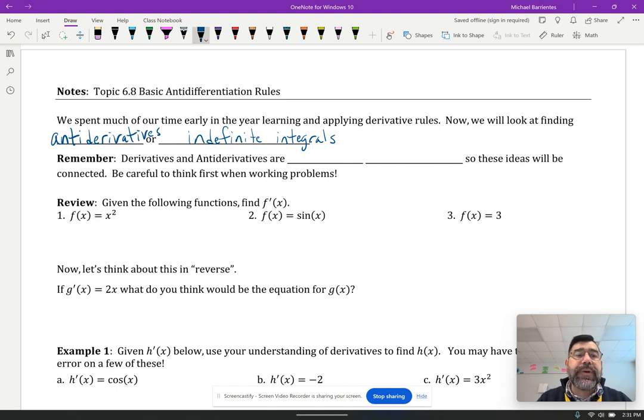And if we remember that derivatives and antiderivatives are reverse operations, kind of like addition and subtraction, right? We add a number to get an answer. We subtract that number from the answer, and we get back to where we started. We multiply by a number to get an answer. We take that answer and divide by the number, and we get back to where we started. So derivatives and antiderivatives work in the same vein.